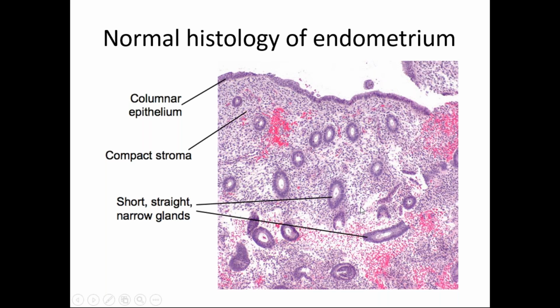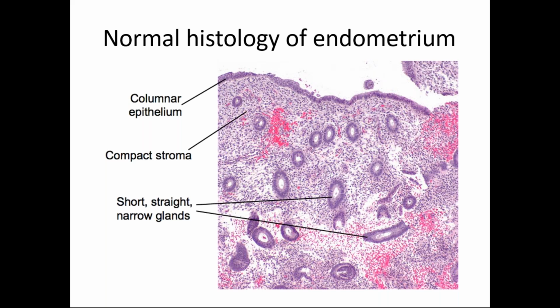In proliferative endometrium, these glands are short, tubular and with a narrow lumen. But in secretory endometrium, these glands are enlarged with the lumen containing secretions, and these glands are coiled, not tubular or narrow.